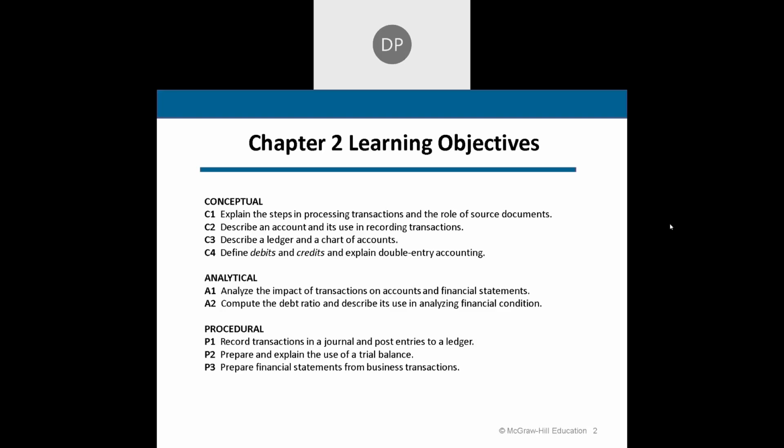So cash, inventory, accounts receivable. We didn't talk too much about this one, but accounts receivable is when a customer owes us, the company, money from a sale we made or a service we provided.